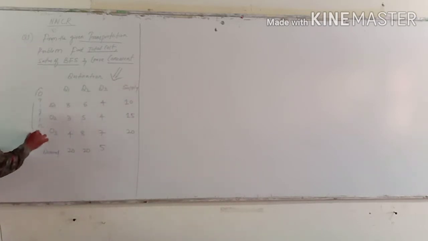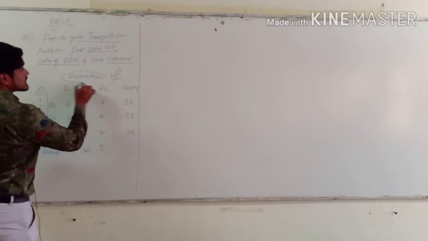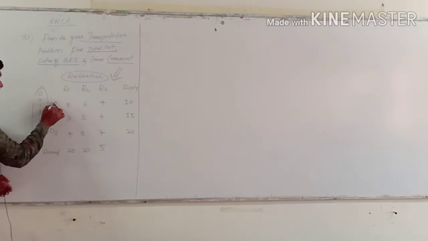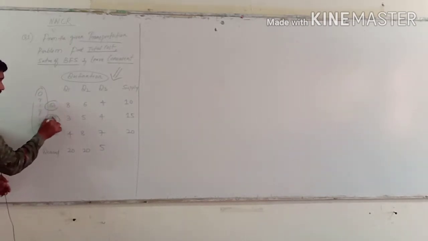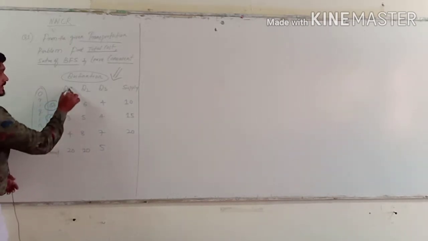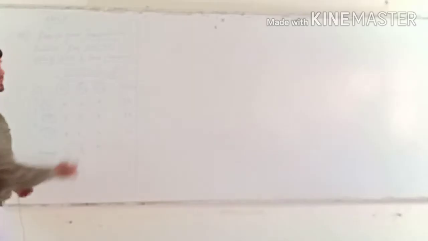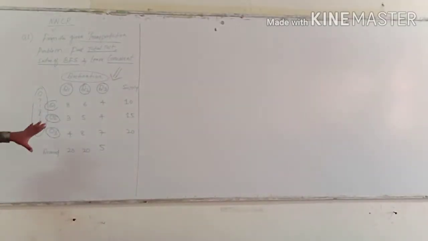Here you have origin and destination. How many origins do you have? You have 3 origins: origin 1, origin 2, origin 3, and destination 1, destination 2 and destination 3. Likewise, 3 origins, 3 destinations.